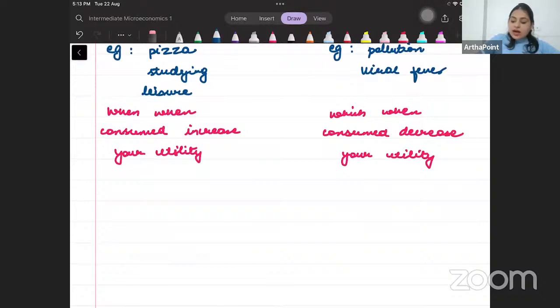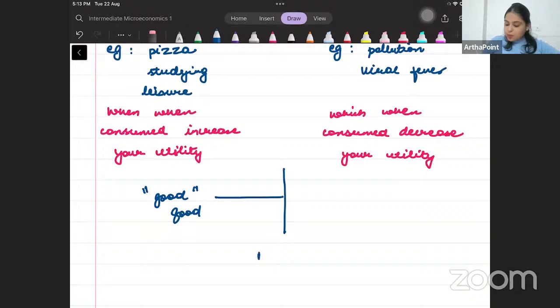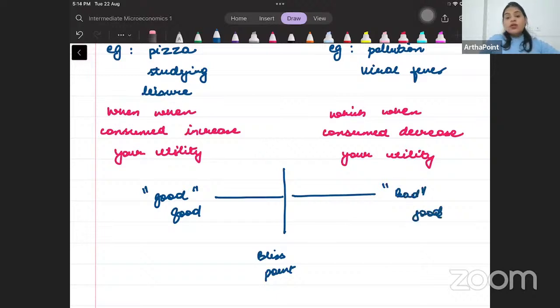Sometimes a good after a bliss point becomes a bad good. ये कॉन्सेप्ट बहुत इंपॉर्टेंट है, ये सब लोग नहीं समझ पाते, ये समझना जरूरी है.